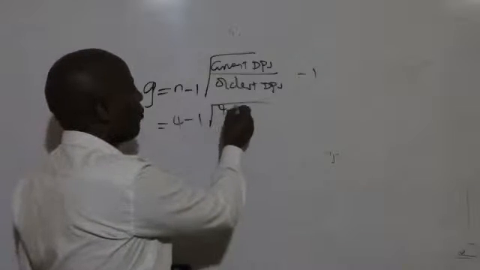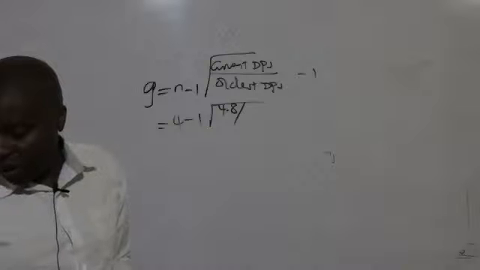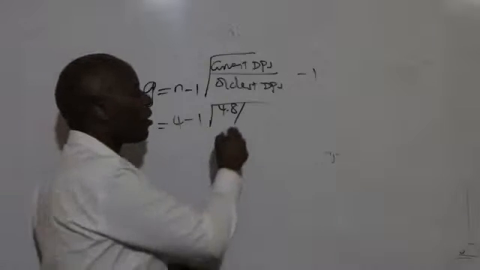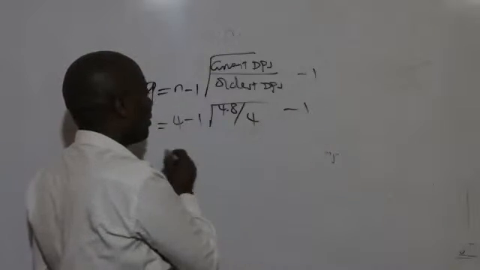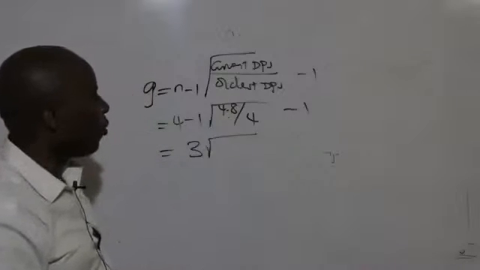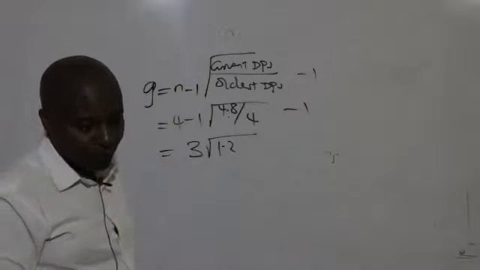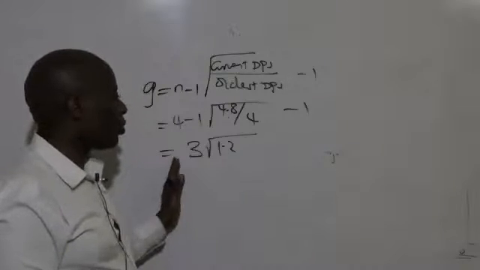So we have here 4.8, all over the oldest dividends per share, which is 4. So then this will be the cube root of 4.8 divided by 4. That must be 1.2.